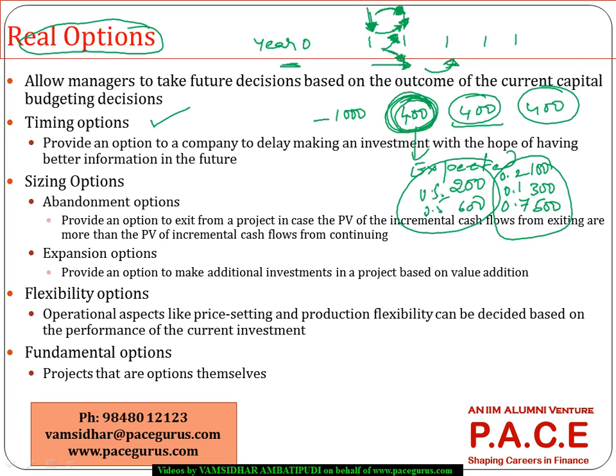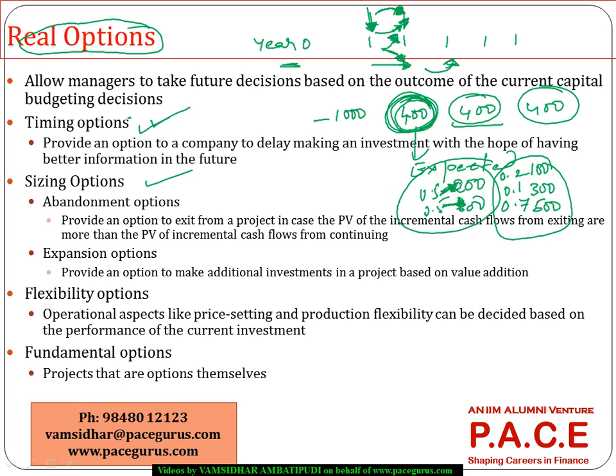So, depending on whether I am going toward this side or this side, I will take a chance. If I am assuming that at the end of 1 year the cash flows are going toward this side, probably I may think of abandoning my project or reducing the prices or something like that. But if it is going toward this side, I can think of some other decision. That is where we are talking about, one, the timing, two, the sizing related.